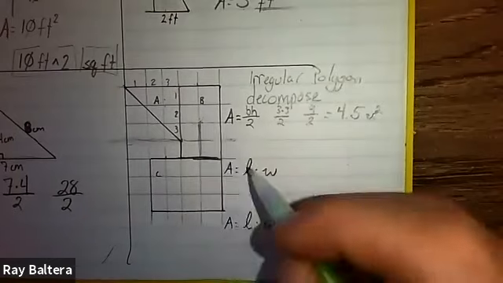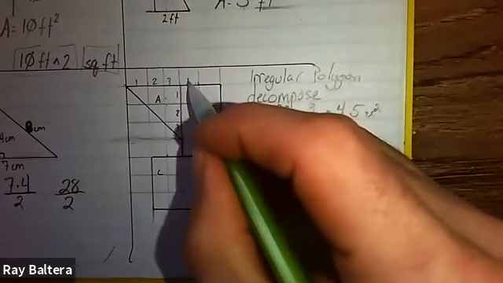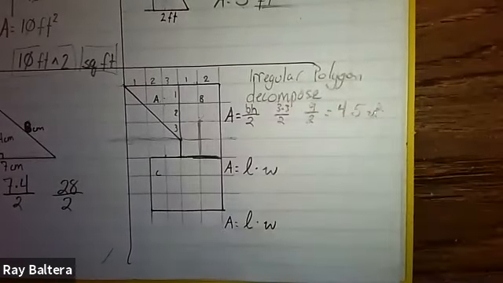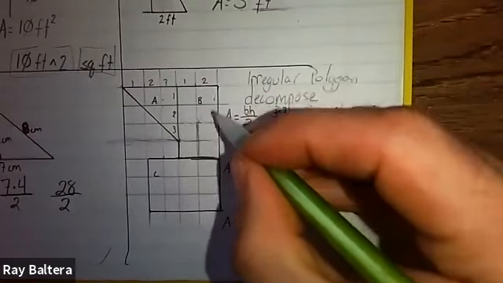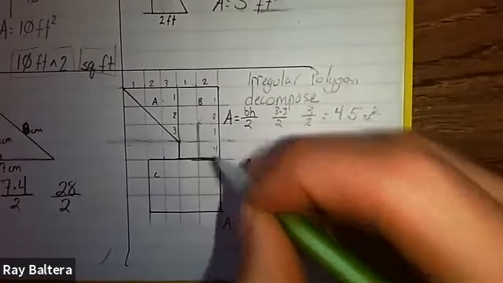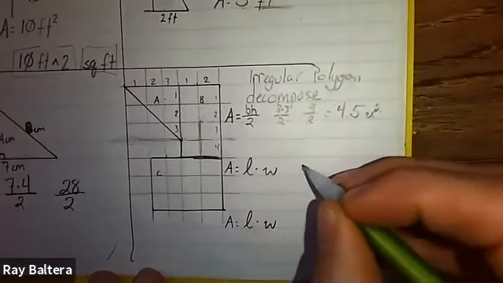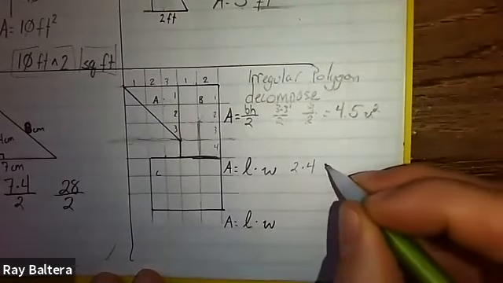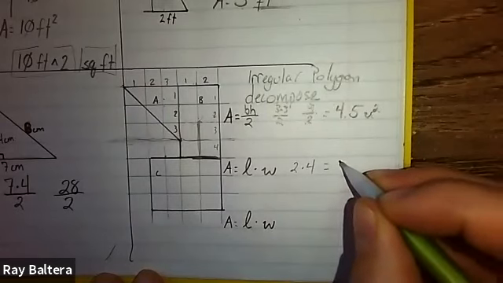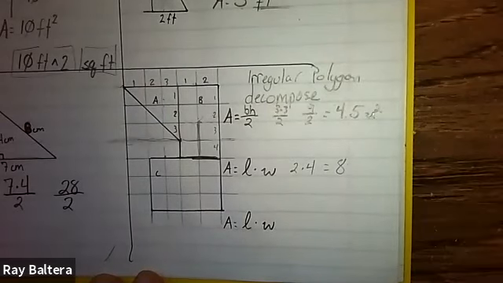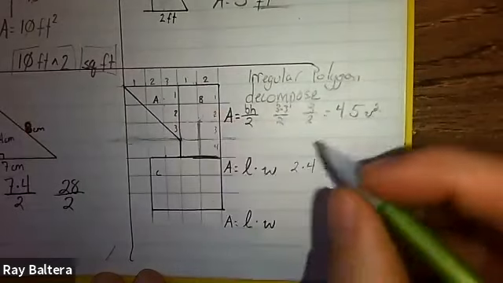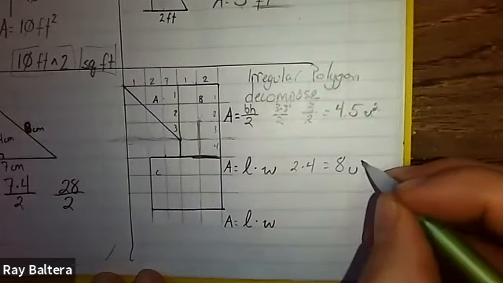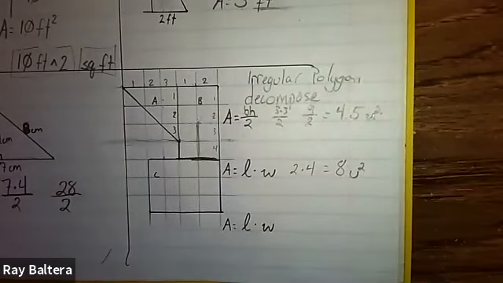This rectangle here, rectangle B, is a length of 1, 2, and a width of 1, 2, 3, 4. So I have 2 times 4 gives me an area of 8. Again, this is units squared.